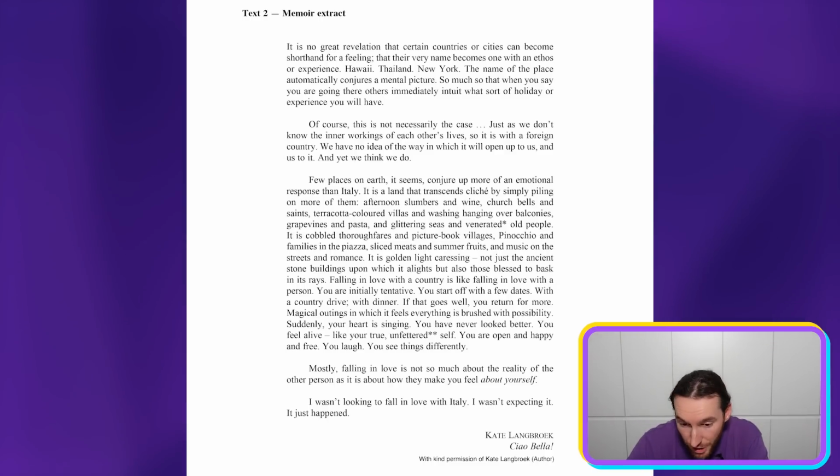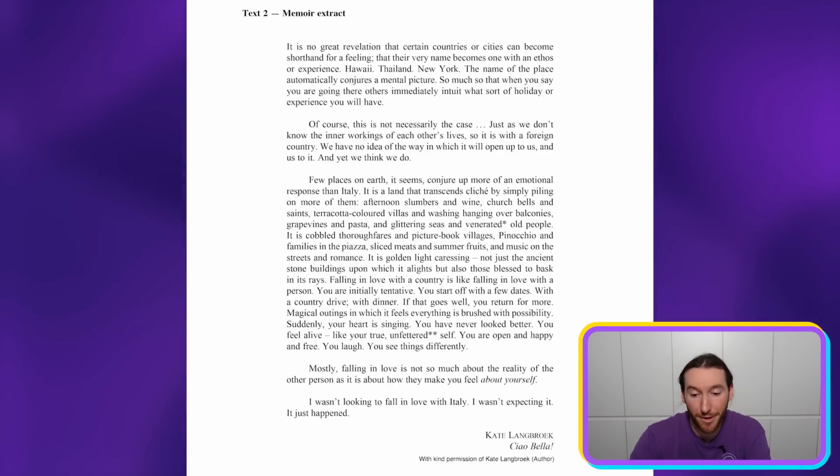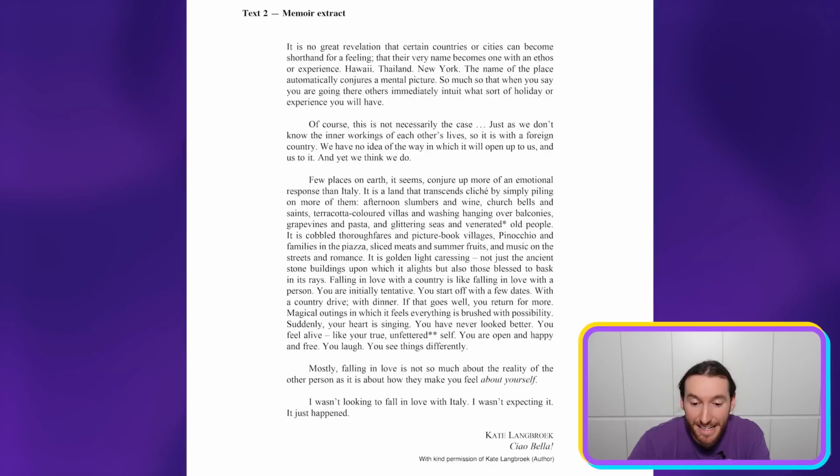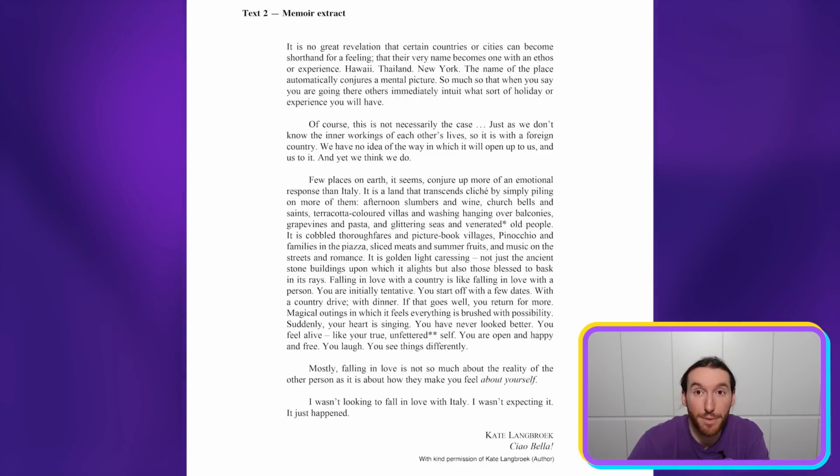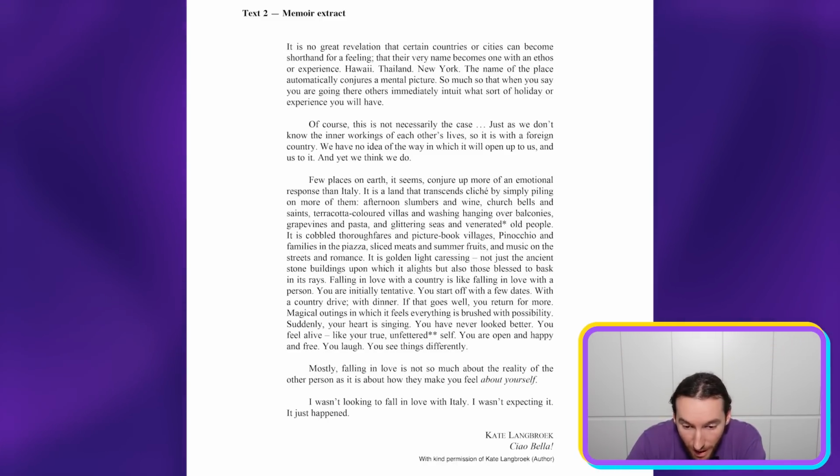So it goes beyond cliche by simply piling on more of them. So there's a paradox for you. It's saying it is not cliche because it has so many cliches. And that's a paradox. That makes it unique, that it has so many things that seem familiar, that seem stereotypical. "Afternoon slumbers and wine, church bells and saints, terracotta-colored villas, and washing hanging over balconies."